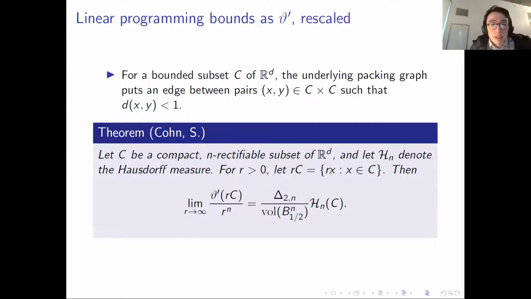And here's a theorem. So we get this limiting result for any compact and rectifiable subset. On the left side of this limit, we have a rescaled version of theta prime. And on the right side, you'll see this breaks up into two pieces.